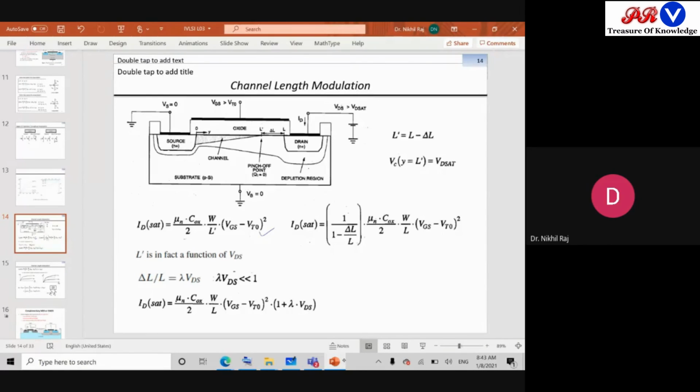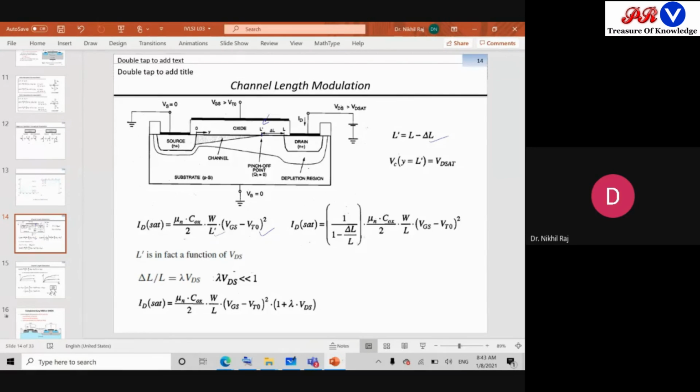And this is the L dash region where the channel moved due to excessive voltage, and the pinch off point moves from the drain end to somewhere at the L dash point. So we know delta L is L minus L dash. So we can rewrite this expression as, so this is L dash.